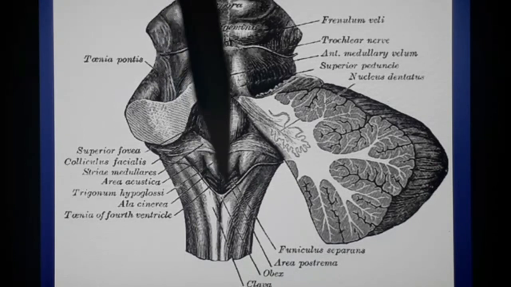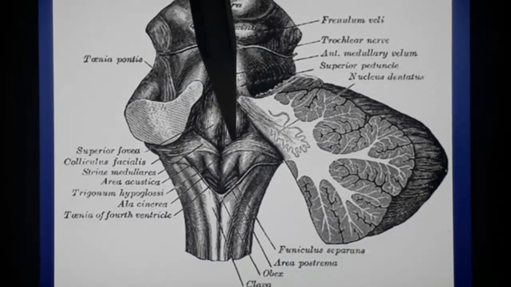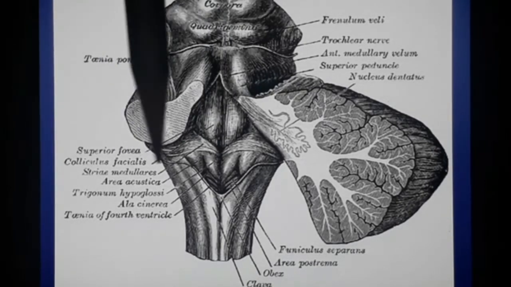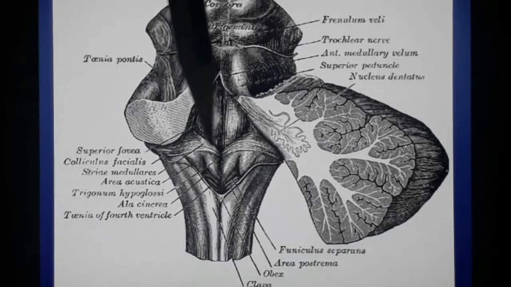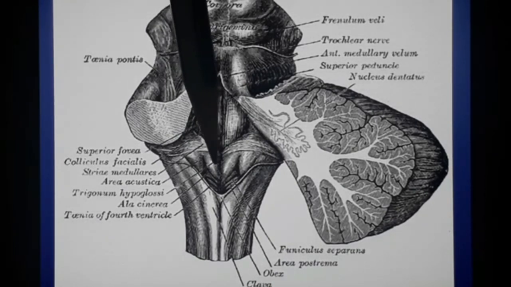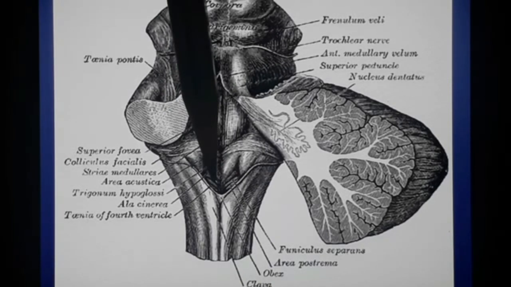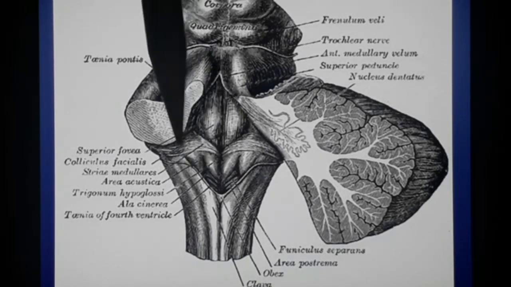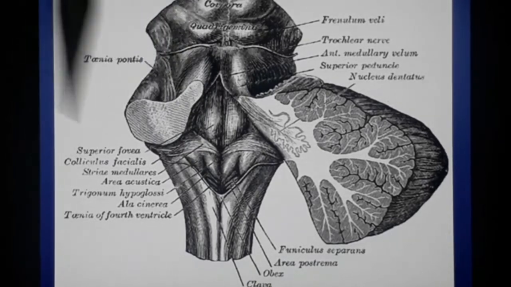Hence the fourth ventricle has very important vital centers from which the cranial nerves arise. Your facial nerve from the facial colliculus, your hypoglossal nerve from the hypoglossal nucleus, your vagus nerve, accessory nerve, and glossopharyngeal nerve from the vagal triangle, and the vestibular nerve from the vestibular area.